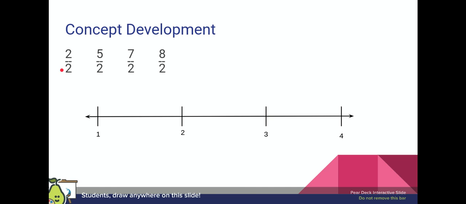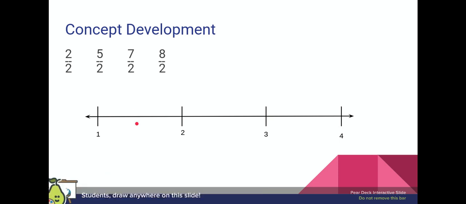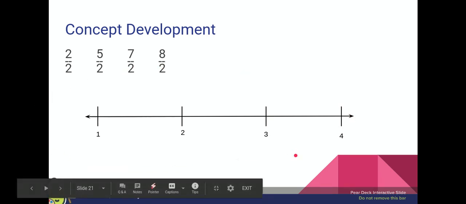Remember, for 2, we don't say seconds, we say halves. So you are going to break each interval into halves. My hint to you would be to break each one in half first. Then you can count and find which fraction goes where. I'm going to go ahead and give you about a minute to do this one.